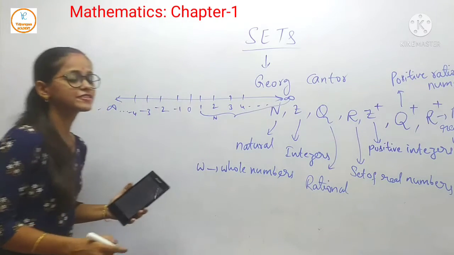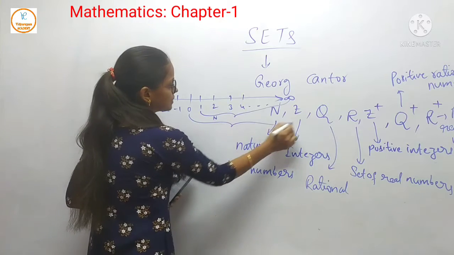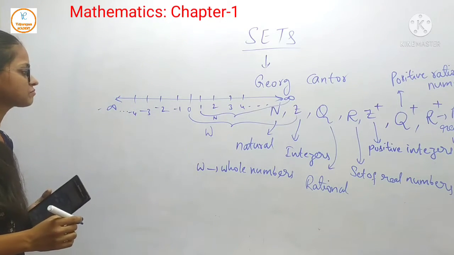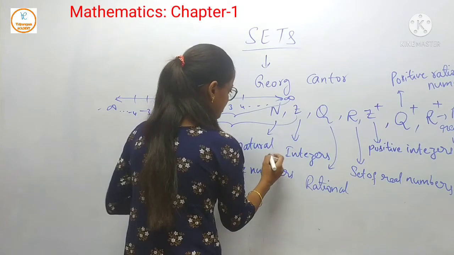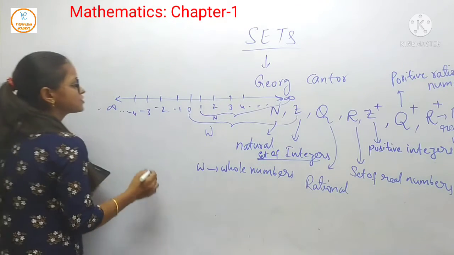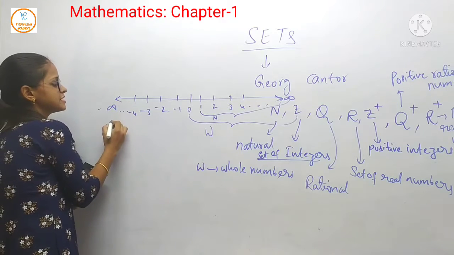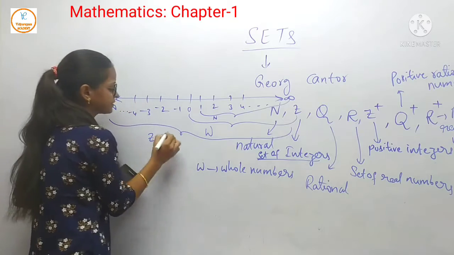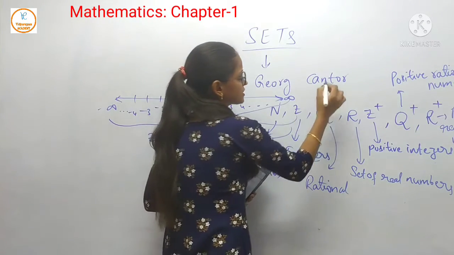Whole numbers start from 0, from 0 to plus infinity. And Z is the set of integers, which means from minus infinity to infinity. Now we will discuss rational numbers later.